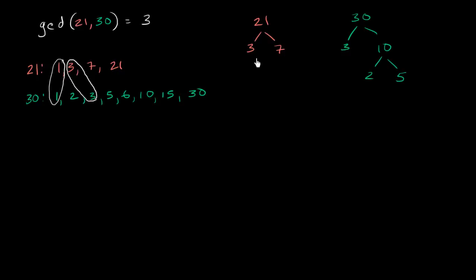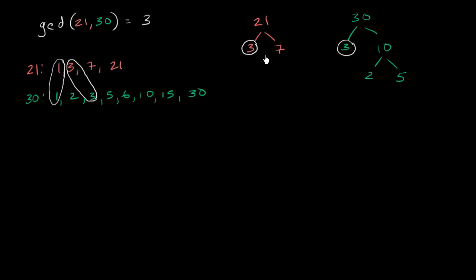So what are the most factors that we can take from both 21 and 30 to make the largest possible numbers? When you look at the prime factorization, the only thing that's common is a 3. And so we would say that the greatest common factor, or the greatest common divisor, of 21 and 30 is 3. If you saw nothing in common, then you would say the greatest common divisor is 1.